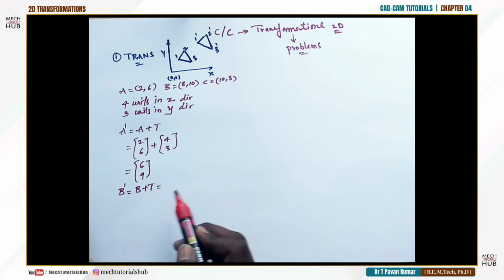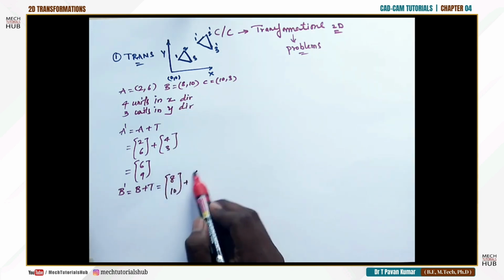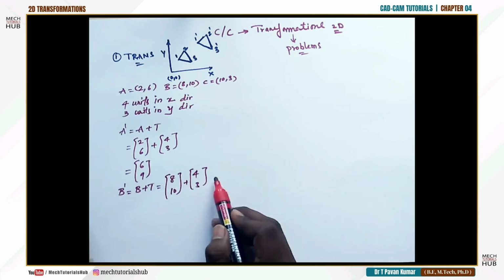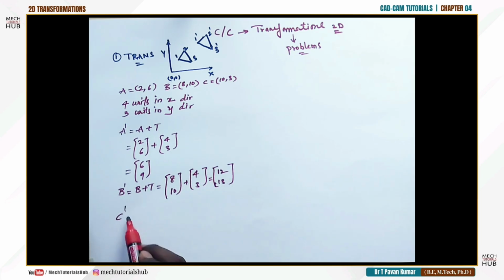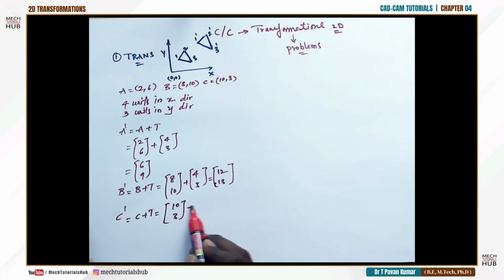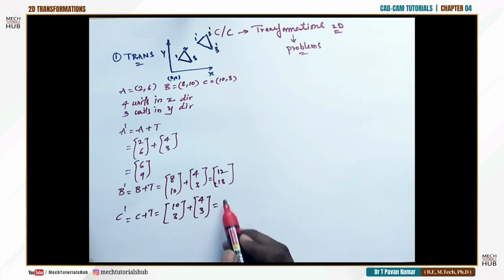What is B now? 8 10, followed by the same matrix 4 3. Then the final matrix you are going to get is 12 13, 8 plus 4. Similarly, C prime is C plus T, that is equal to 10 3 plus again 4 3, that is equal to 14 6.